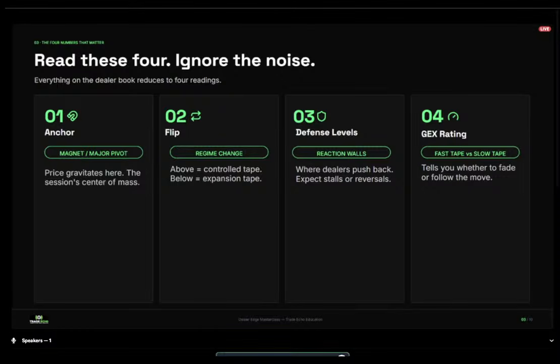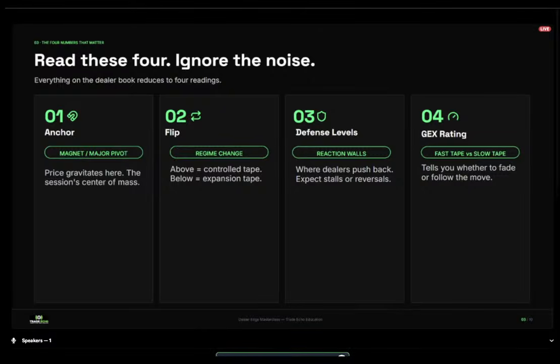Then we have the flip. The flip is extremely important because it's going to tell us the regime. Above the flip, the tape is usually more controlled. Below the flip, movement can expand faster. Third is defense levels. These are the reaction walls. This is where dealers may push back and where we can expect price to stall, reject, bounce, or even chop.